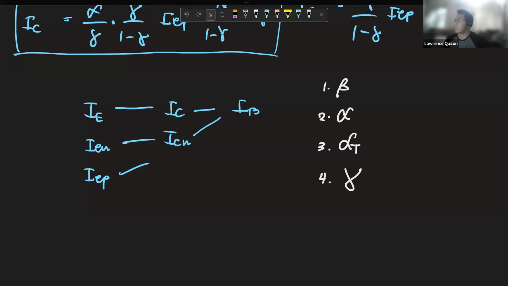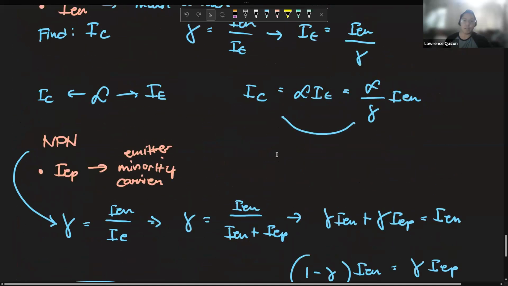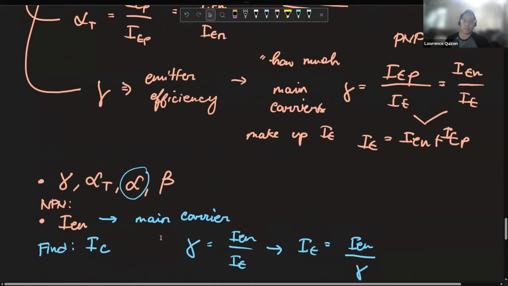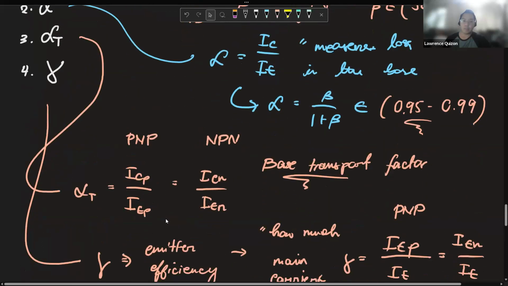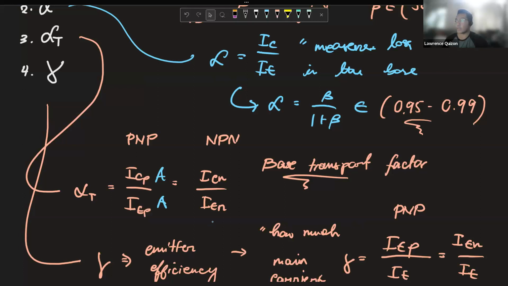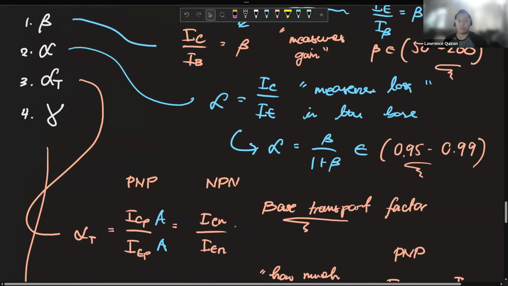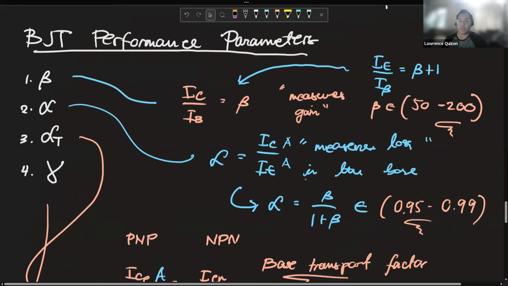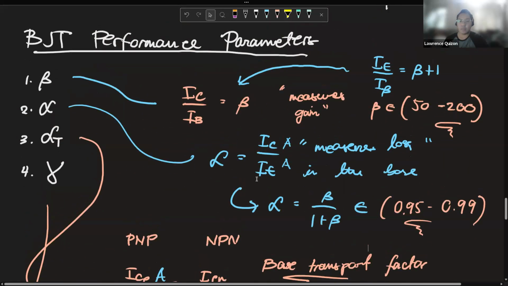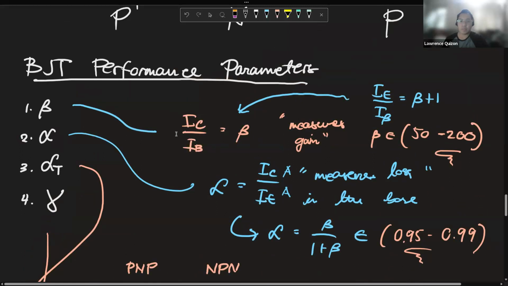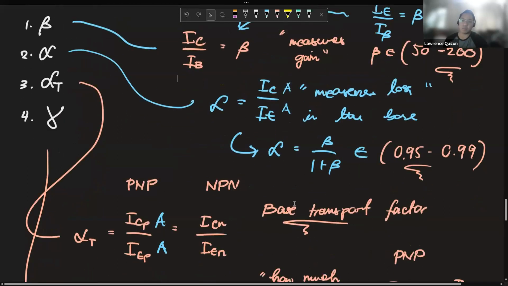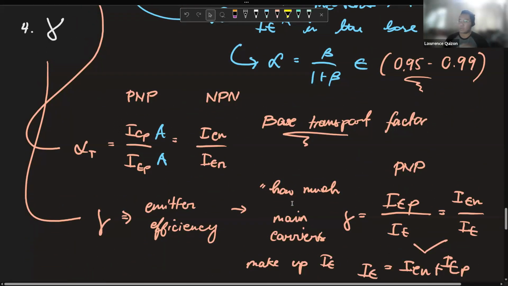So unitless po ba ang mga parameter? Yes. These parameters, they're all unitless. Why? You can see here, it's amperes over amperes, which is unitless. That's alpha T. This is also amperes over amperes, which is unitless. So all of them are amperes over amperes, which makes them all unitless.